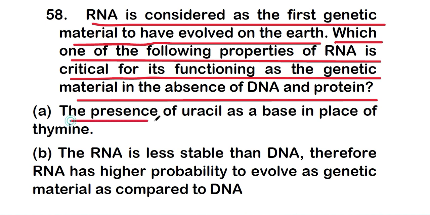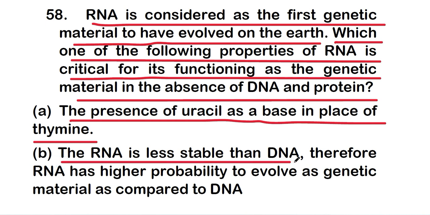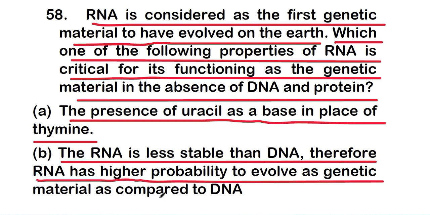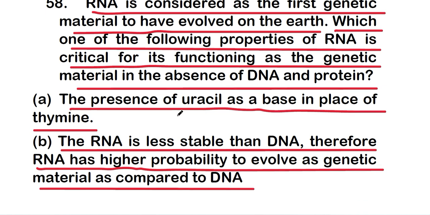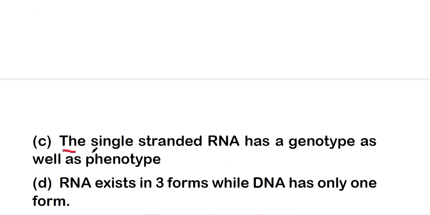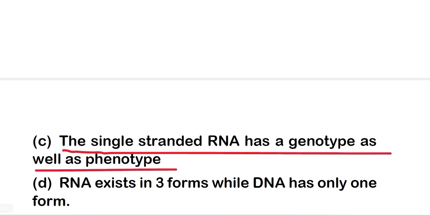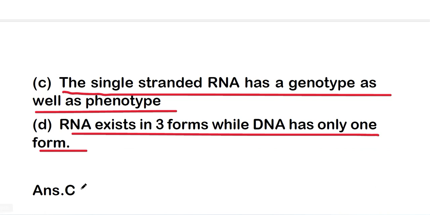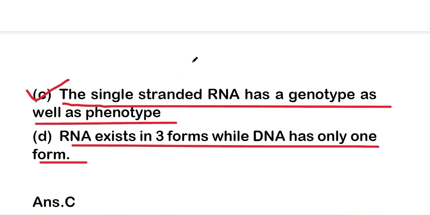So the options are option A, the presence of uracil as a base in place of thymine, or option B, the RNA is less stable than DNA, therefore RNA has higher probability to evolve as a genetic material as compared to DNA, or option C, that is the single stranded RNA has a genotype as well as phenotype, or option D, that is RNA exists in three forms while DNA has only one form. And the right answer is option C, that is the single stranded RNA has a genotype as well as phenotype.